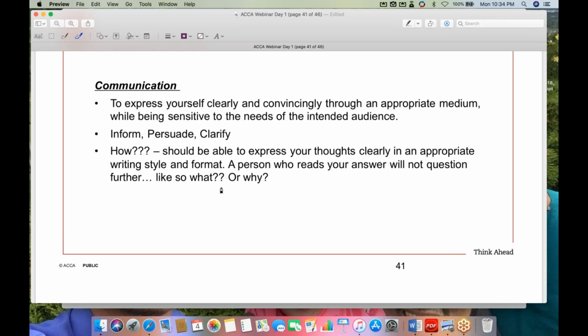If people can question you back on your explanation, it means that your explanation is not clear. So if you are able to write something and when someone reads your explanation they are satisfied, and they don't ask further questions like so what, or why, or how, then it means that your explanation is actually clear.